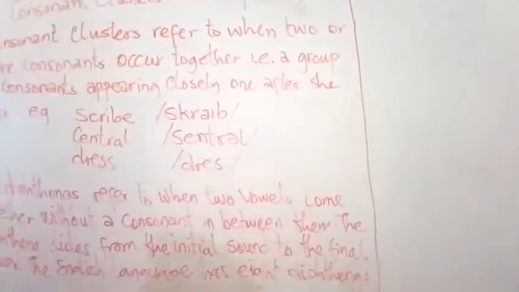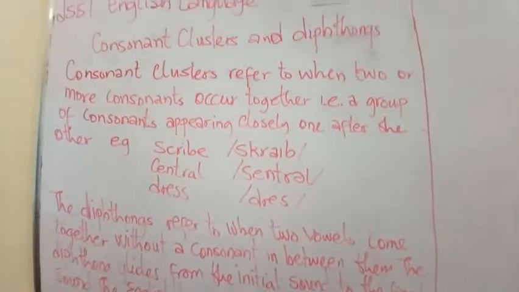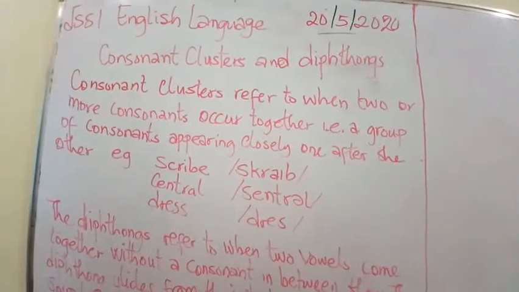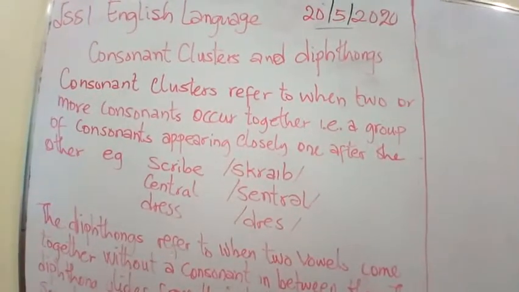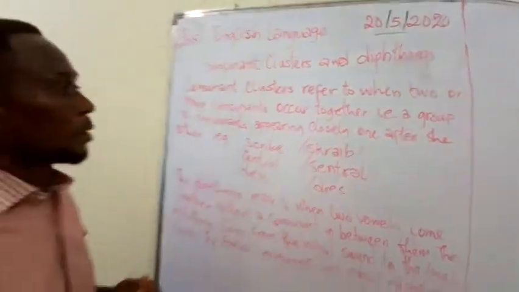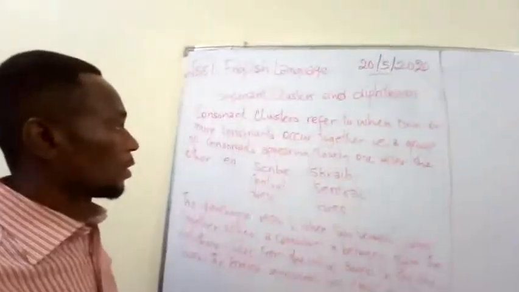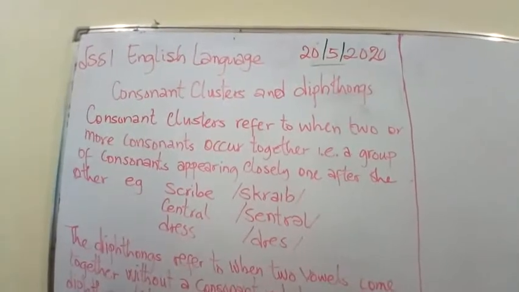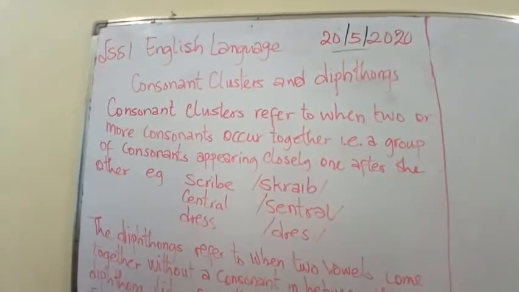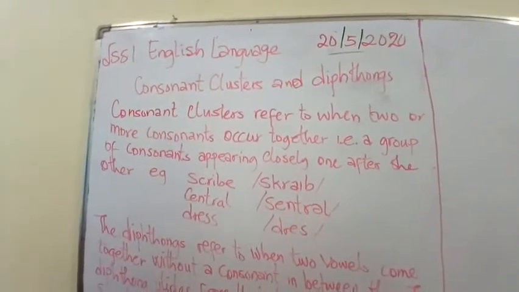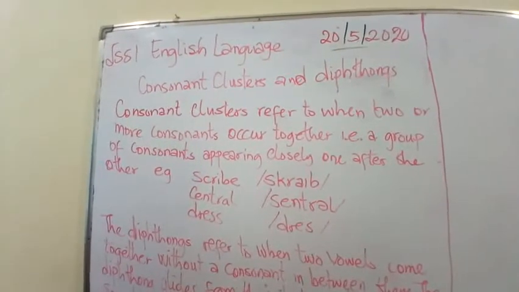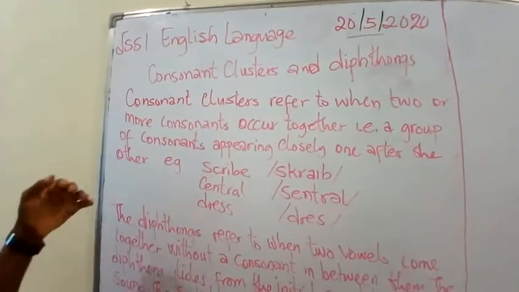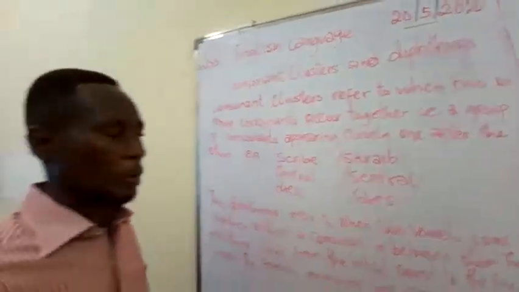All right, this is the introduction. That's what a consonant cluster is. It refers to when 2 or more consonants occur together in a syllable or in a region of a word, when they appear closely to each other.